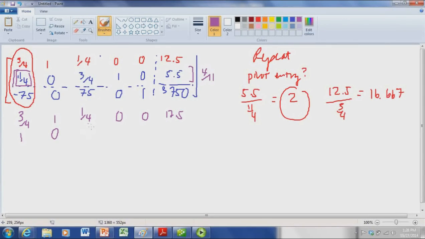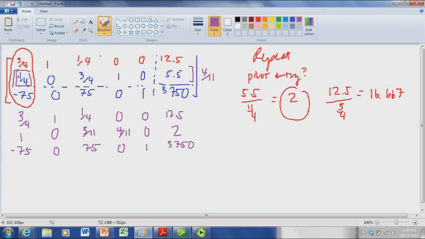Let's see, 3/11, right? 4/11, 0, and 5.5. I know that value is 2. I've already done that. And in the bottom row, 0, 1, 37.50. And I believe this is a 4 there.